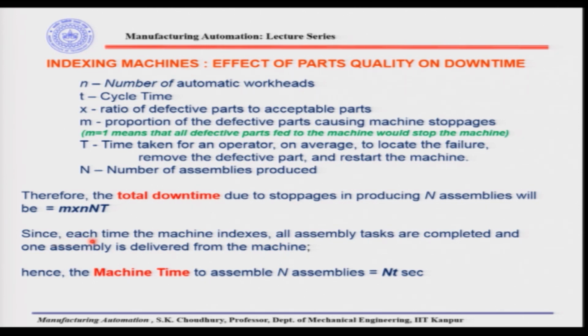So, since each time the machine indexes, all assembly tasks are completed and one assembly is delivered from the machine at the output, the machine time to assemble N assemblies, with small t as the cycle time, will be capital N into small t seconds.